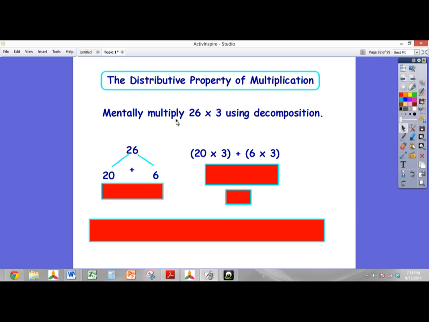When we multiply mentally 26 times 3, we've used decomposition to take apart the 26 into its two parts, the 20 and the 6. Then we multiply both the 20 by the 3 and the 6 by the 3, adding those products back together.